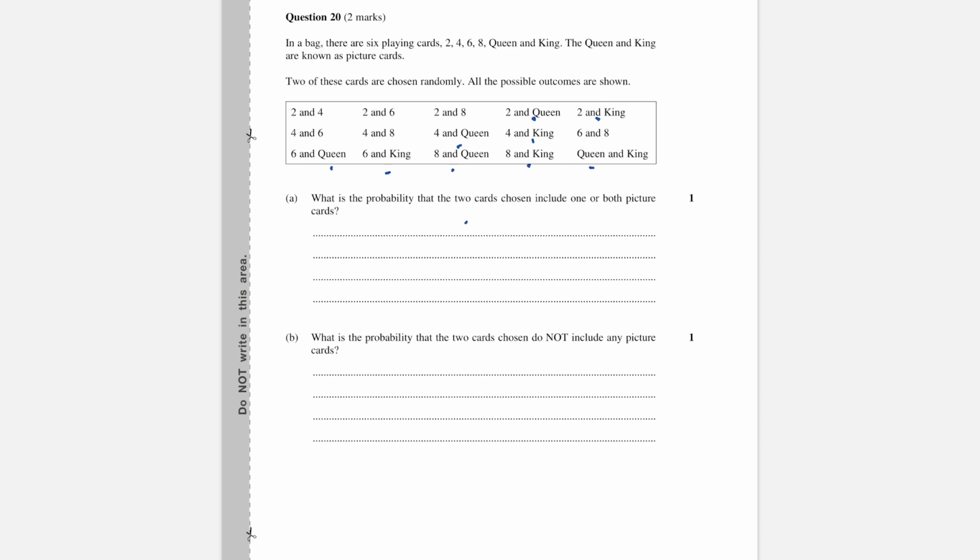So it's going to be 9 out of, and then we count up the rest of them. So 1, 2, 3, 4, 5, 6. 9 plus 6 is 15. So that's the probability of picture cards. We can simplify that down. 3 goes into 9 3 times. 3 goes into 15 5 times.